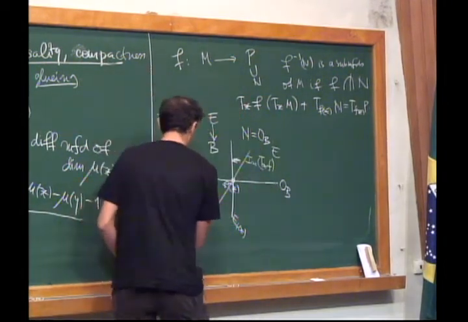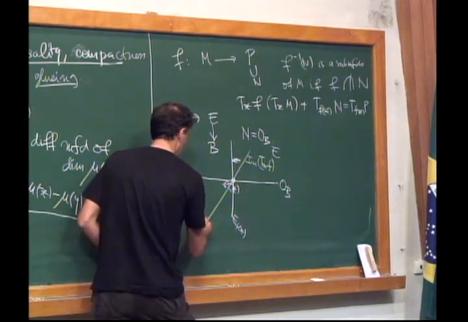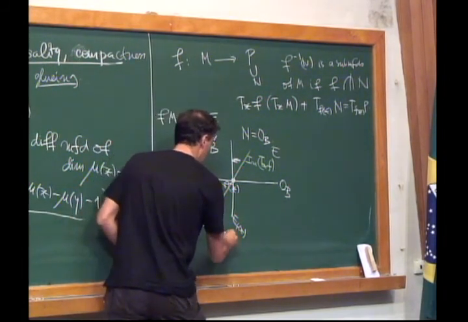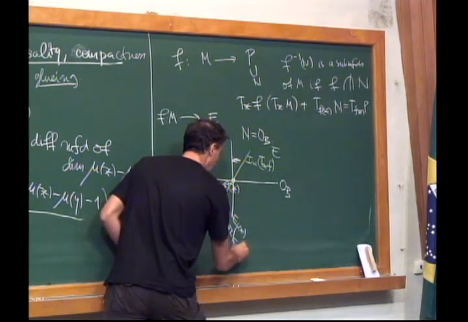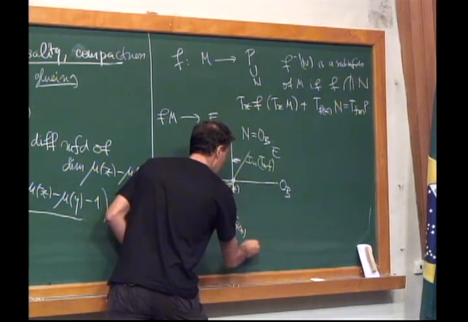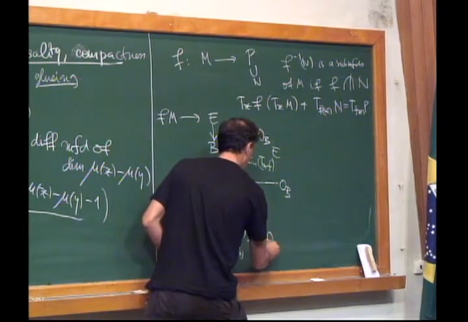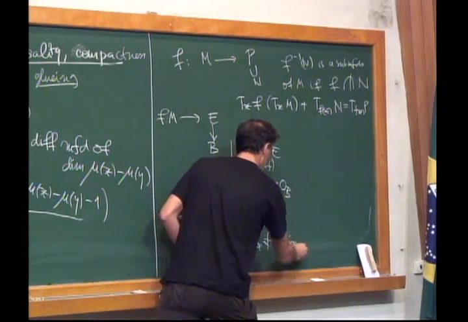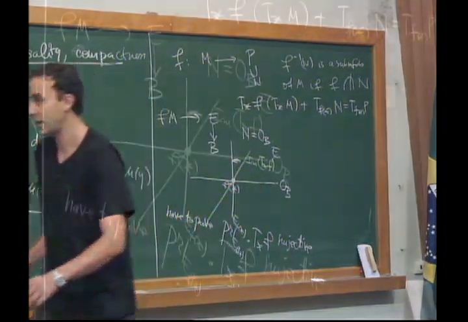So I have to prove that this projection on the fiber F_x of the image of T_xF is surjective. Now this will be our case.